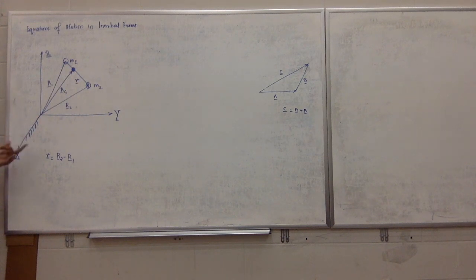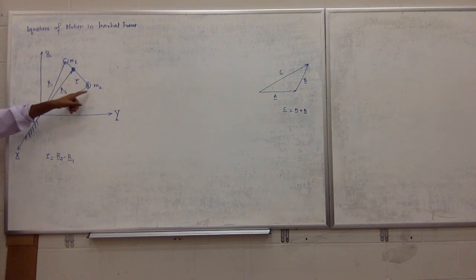In reality, we don't know if there is an inertial frame anywhere in the universe. But we know these two bodies. We know this R. R is the relative position of one body with respect to another body. We always know that.